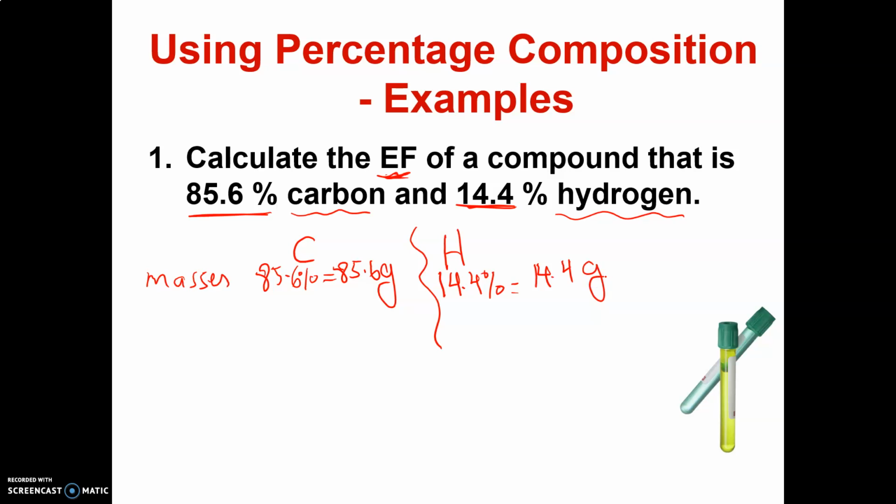Now you have the composition converted into grams, which is mass. And remember the rule that we studied in the previous lesson was about moles. So these masses you will use to calculate the number of moles.